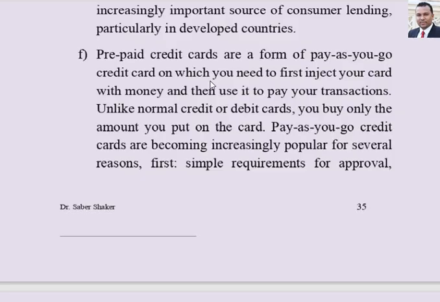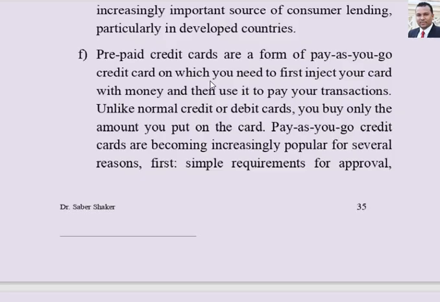And then you can purchase and use the card based on your injection, or your money. So, unlike normal credit or debit cards, you buy only based on the amount of money you put on the card.